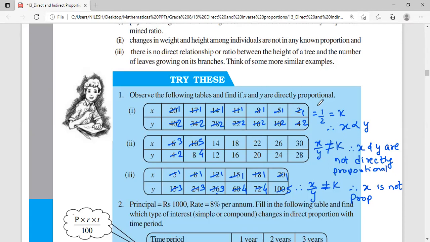Means here the value of k is 1 upon 2, the constant ratio. Correct? Yes, sir. But here it was not constant. Here also it was not constant. So ratio is not k. x is not proportional to y. Yes or no? Yes, sir.